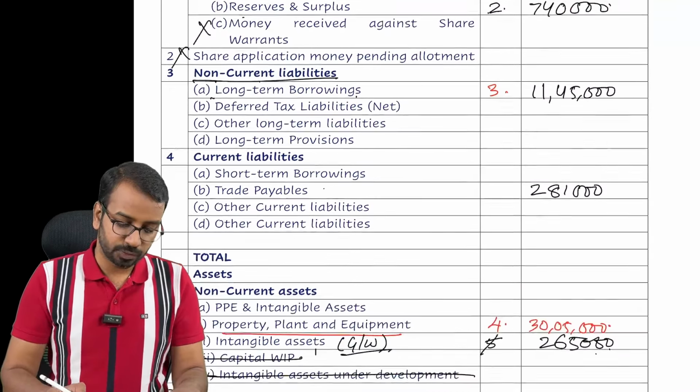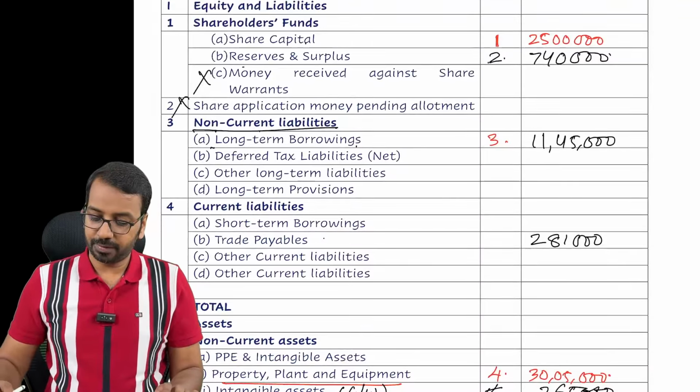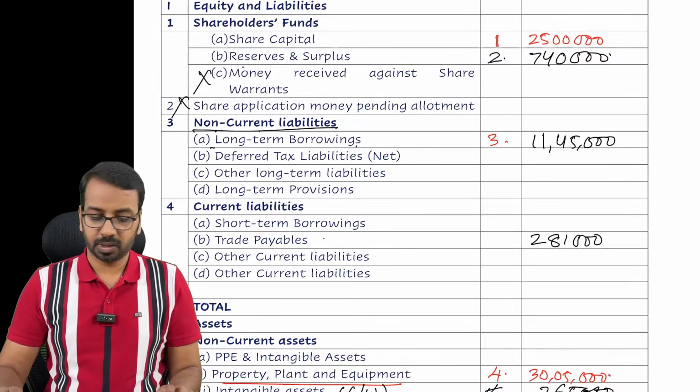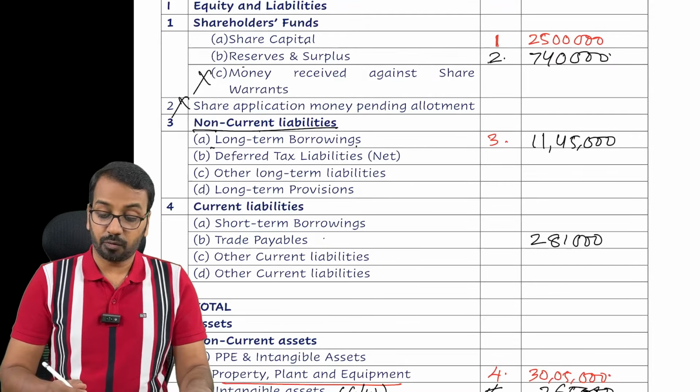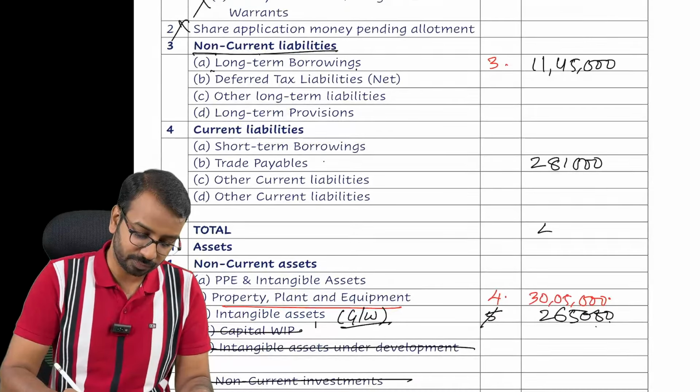All right. Now, we have taken all the items, so we can do the total. 25 lakhs plus 7,40,000 plus 11,45,000 plus 2,81,000. Total we get 46,66,000.